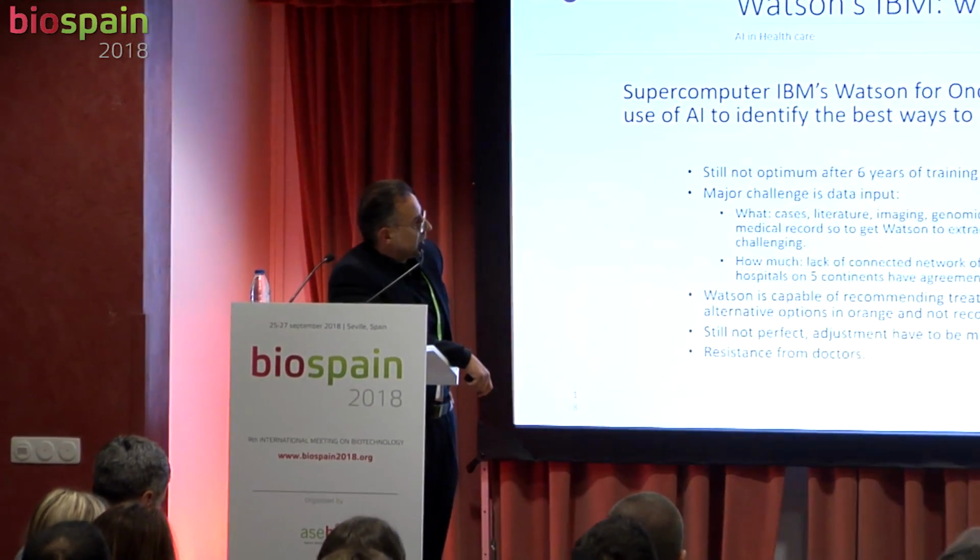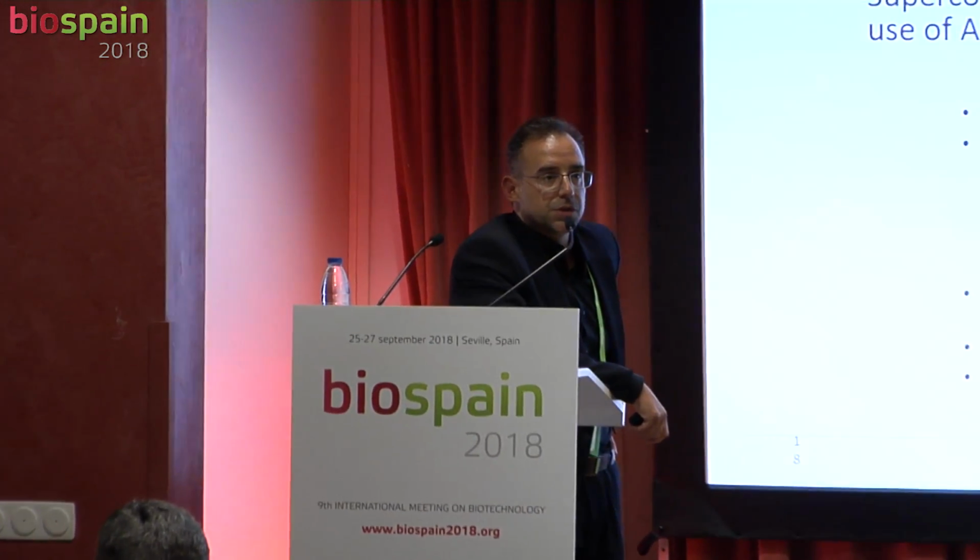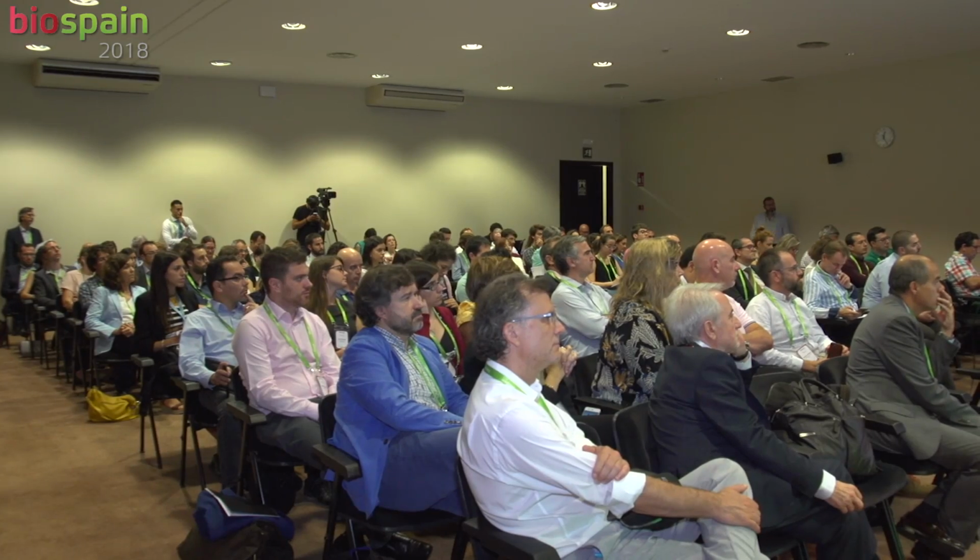The machine is focused on 7 types of cancer, which is not too bad, but they should increase it. And that's one of the major caveats they have at this moment. And again, the major difficulty that they encounter is the data entry.